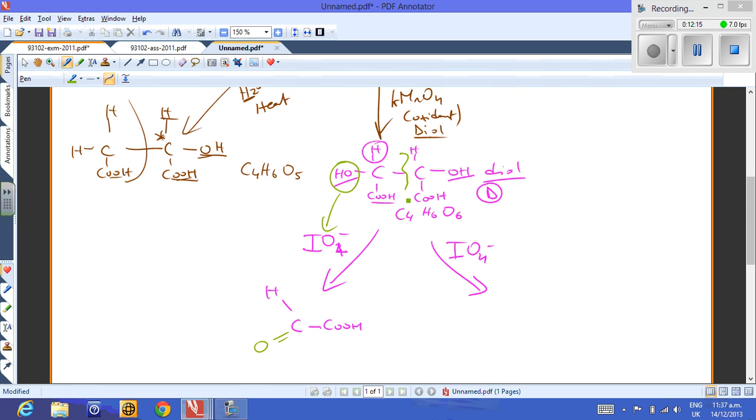And then there's a split through the molecule of D, and we get the same situation happening on the other side. So we get our carbon bonded to the carboxylic acid, and the carbonyl carbon introduced. So this is compound E, with the molecular formula C2H2O3. So they are aldehydes.